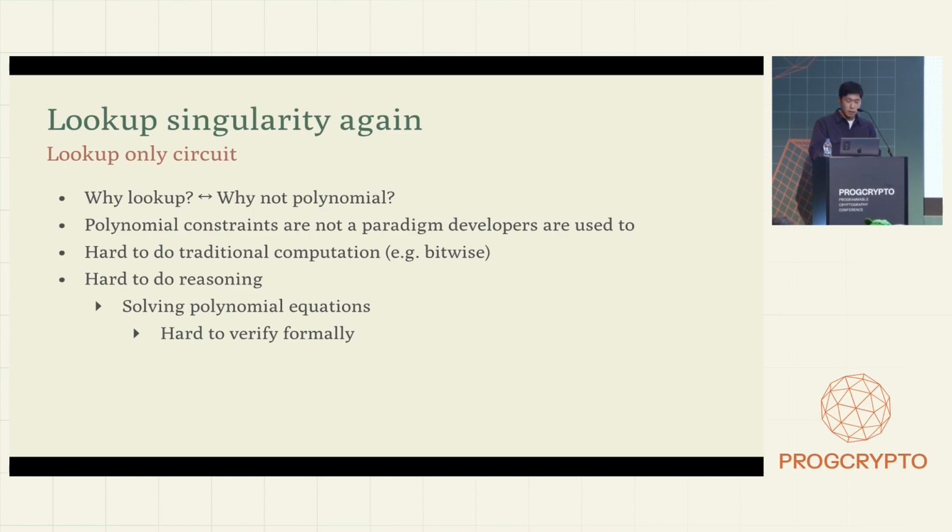It is also very hard to do reasoning about the circuit. If you want to reason about the circuit, you should solve the system of polynomial equations, using Gaussian elimination or Gröbner basis. And for that reason, it is hard to verify the circuit formally.